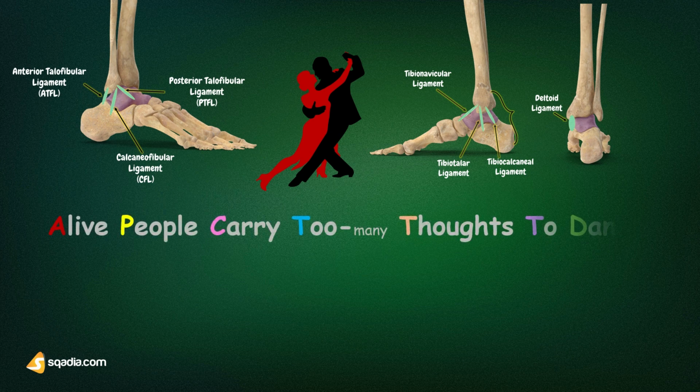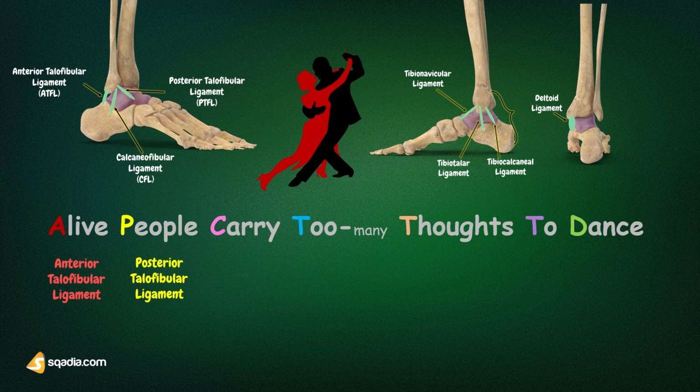You can remember the names of all these ligaments with the help of a mnemonic. Just remember the sentence: alive people carry too many thoughts to dance. Here the letter A is for anterior talofibular ligament. P is for posterior talofibular ligament.